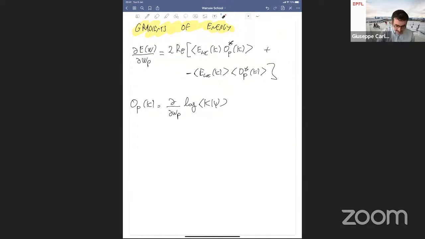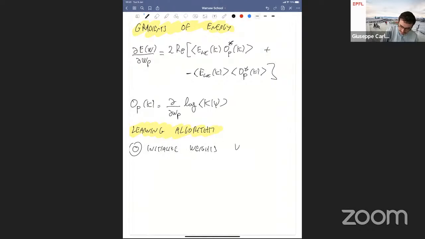In practice, the learning algorithm is relatively straightforward. As in most machine learning tasks, you initialize your weights or parameters W with some meaningful and not too crazy initial values.